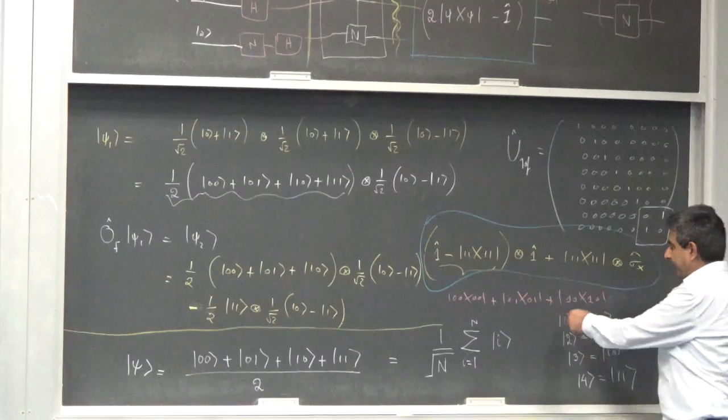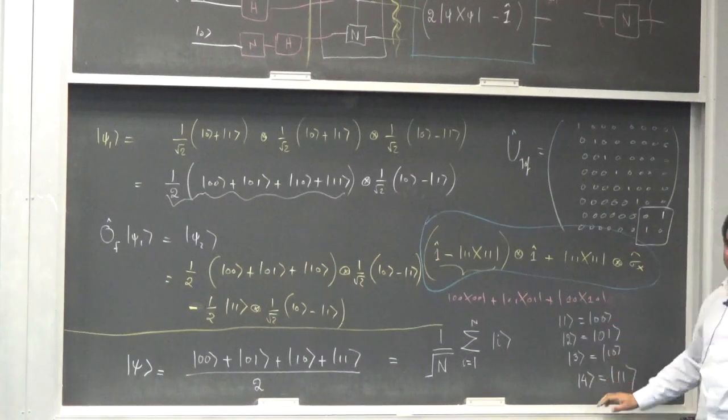So I'm just giving integer labels to these 4 basis states.